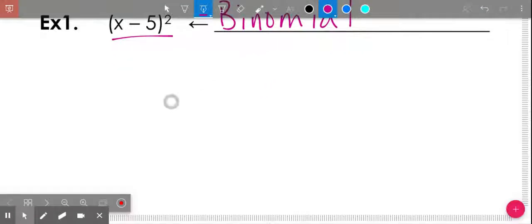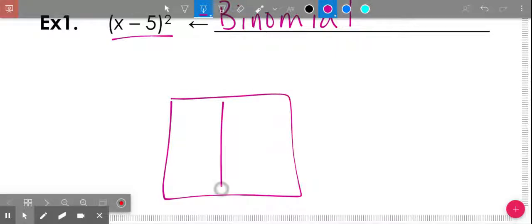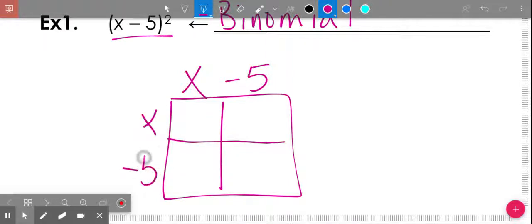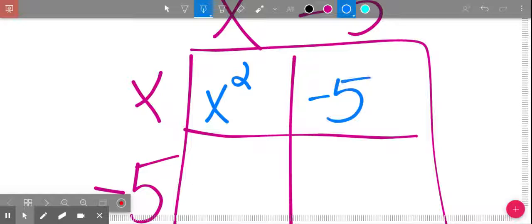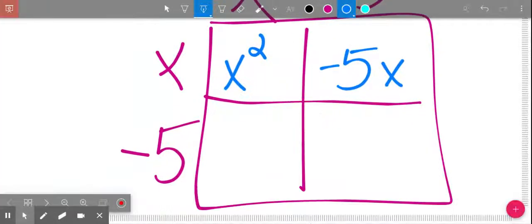This is where you have to use our box. Remember our box method where we have x minus 5 and x minus 5. We're going to fill in all of our boxes. So x times x gives me x squared. X times negative 5 gives me negative 5x. X times negative 5 gives me negative 5x again.